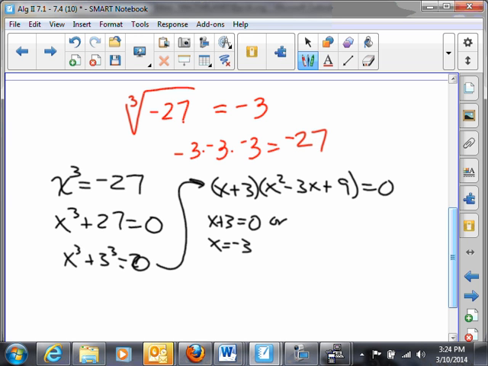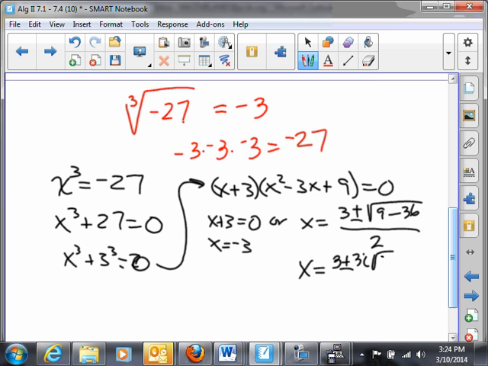But x squared minus 3x plus 9 equals 0 gives us x equals 3 plus or minus the square root of 9 minus 36, all over 2. Now 9 minus 36 is negative 27, and the square root of negative 27 is 3i square root 3, and that's still all over 2.